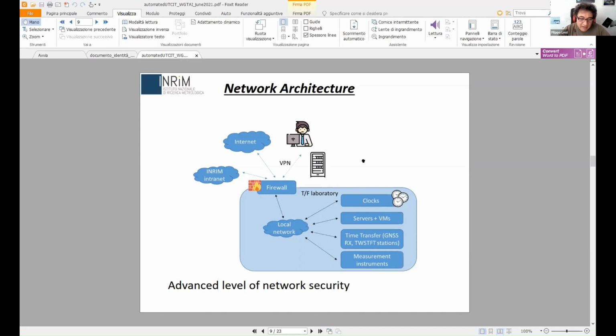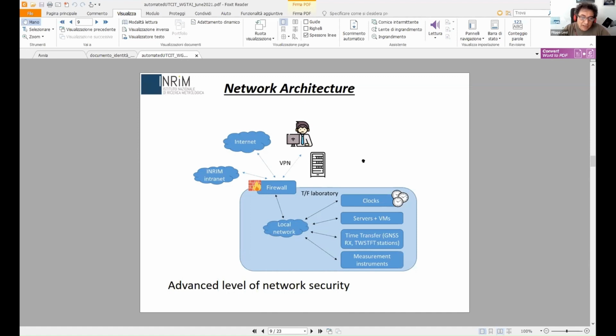So we did a lot of work in order to realize our own internal time and frequency network, and within this framework there are only the essential parts of the time scale generation: our clocks, servers, all the time transfer comparison, GNSS, two-way satellite, and so on, and all the measurement instruments.